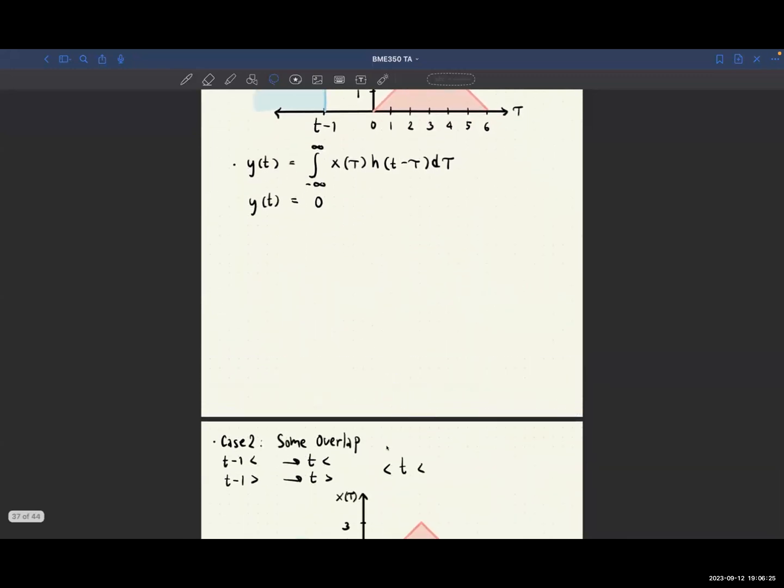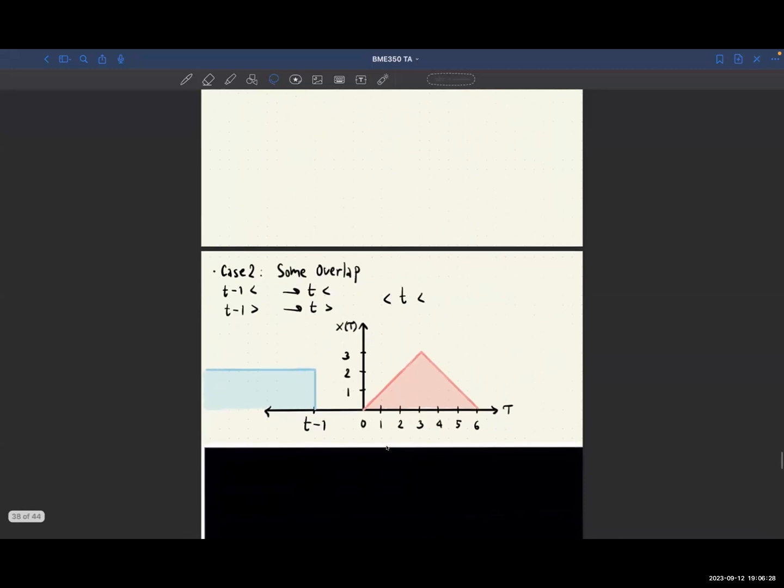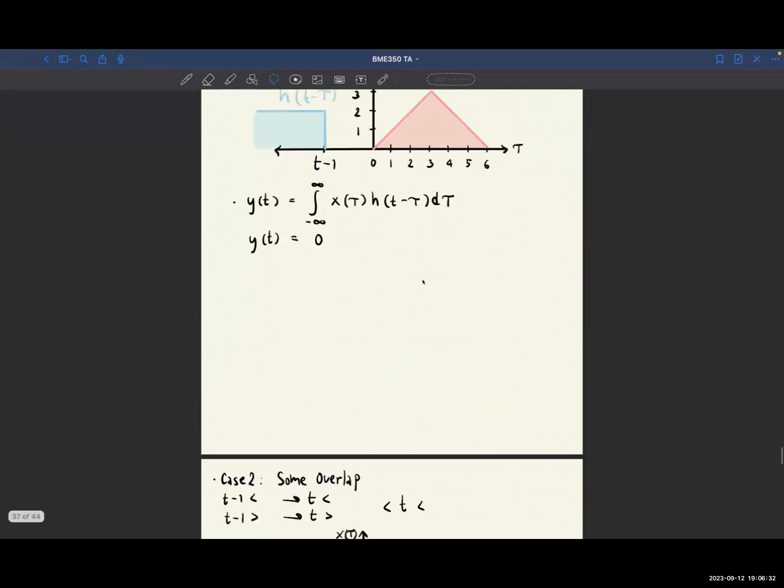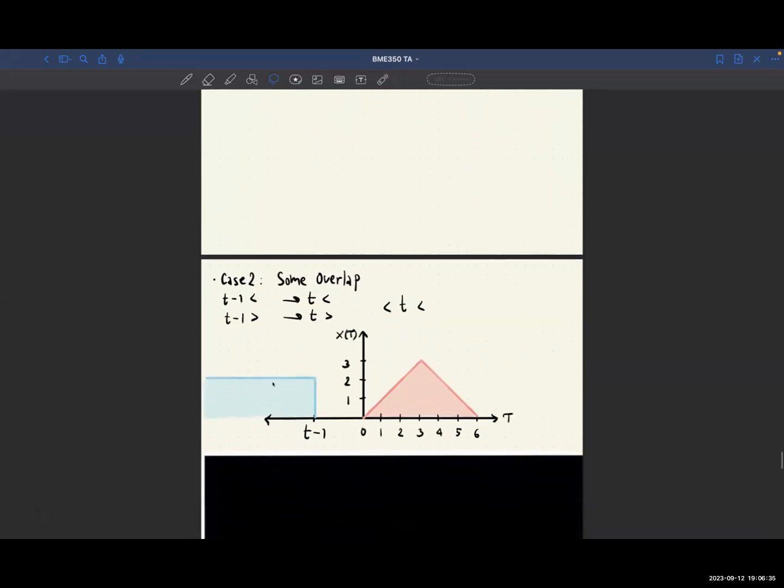Now let's look at case 2, some overlap. As you can see here, my graph hasn't been overlapped yet. And I'm just going to show you in this case how we should move our signal. Okay, I'm going to move my signal. Now you see there's some overlapping regions, right? Now there's more area that's overlapping together.